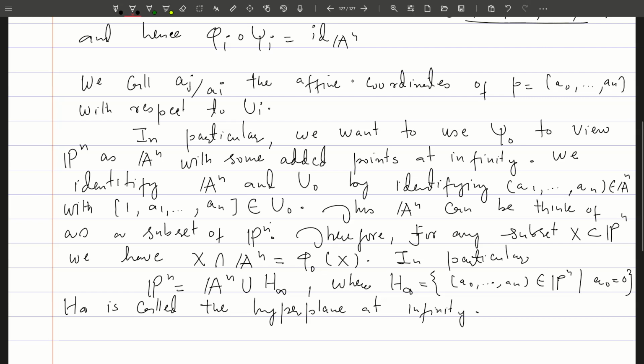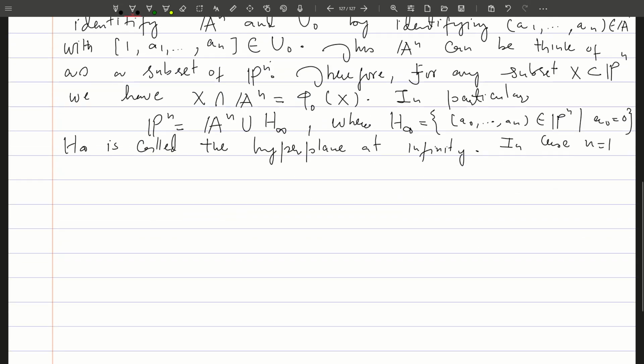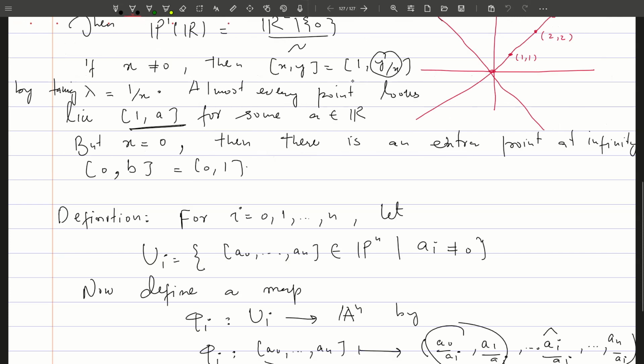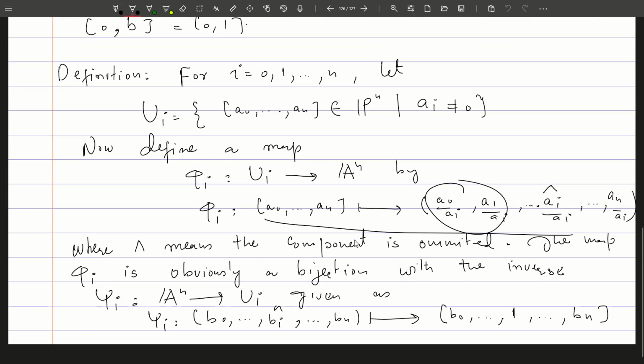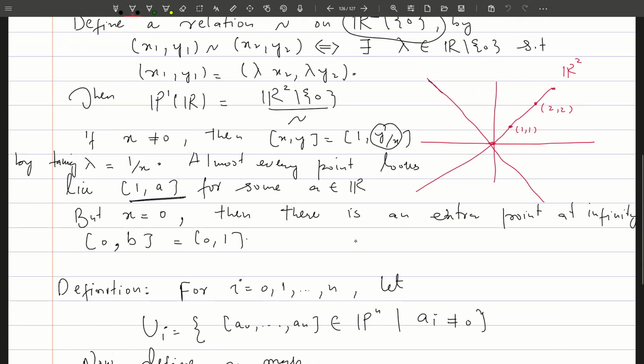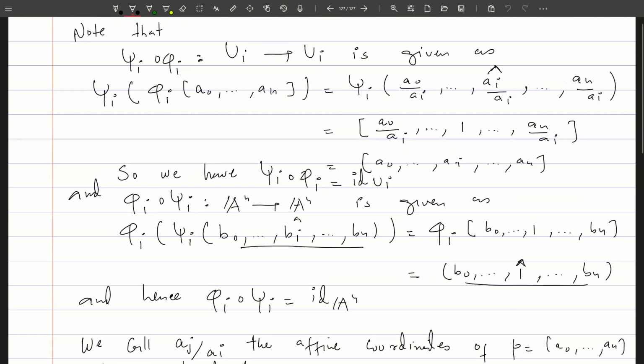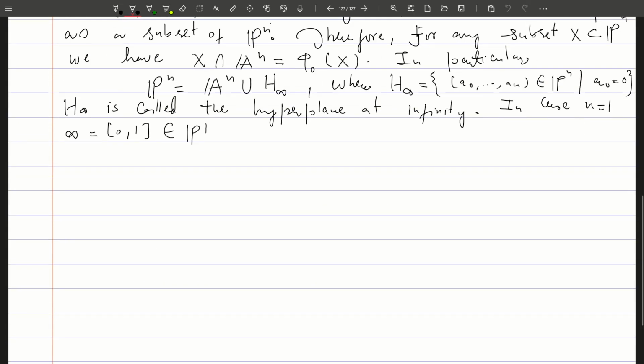So in case n is equal to 1, we write this infinity as the point 0, 1 in P1, as we saw over here. So this is our infinity, the point at infinity, which is the extra point.